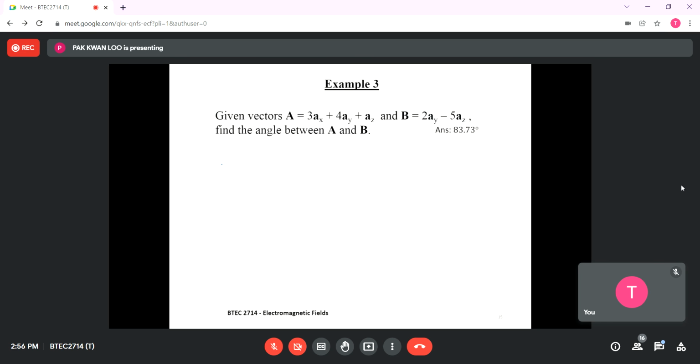Okay, the solution for this example. First, we need to find the magnitude of A and the magnitude of B. Then we will apply the dot product to find the angle between these two vectors.